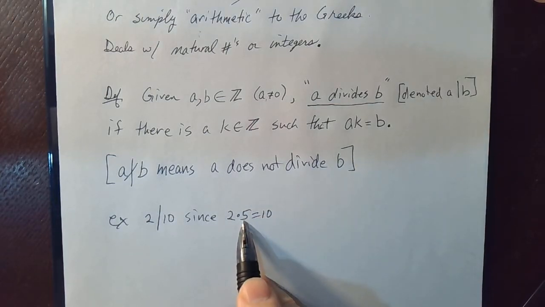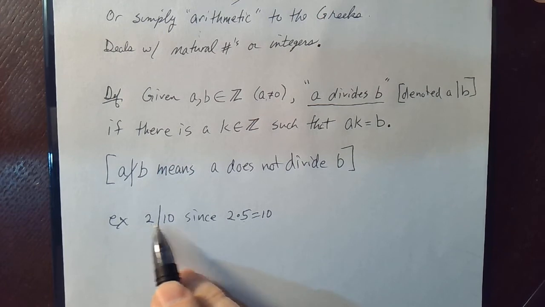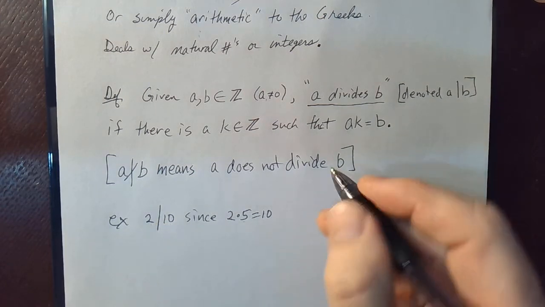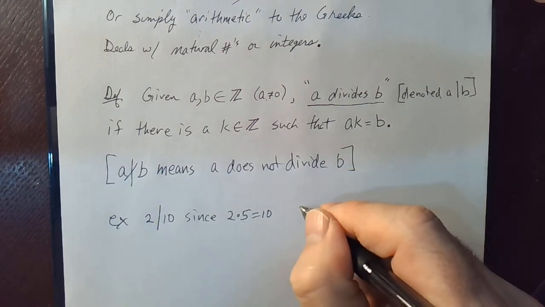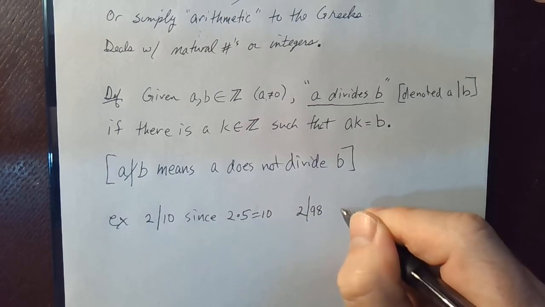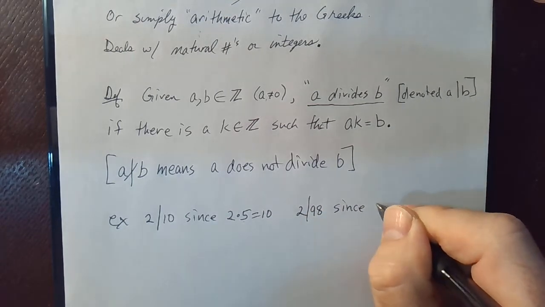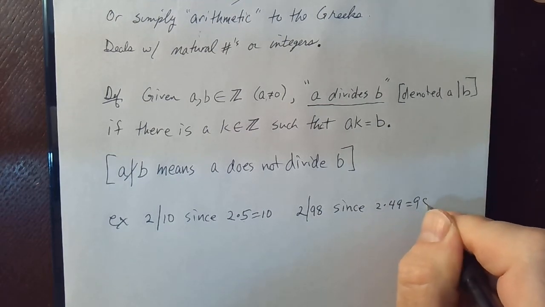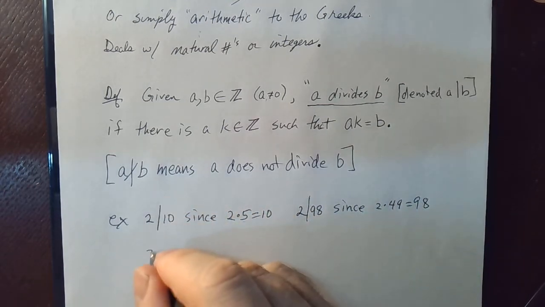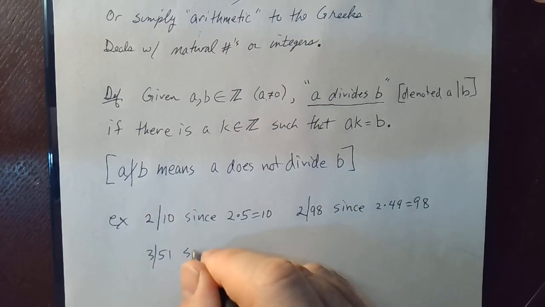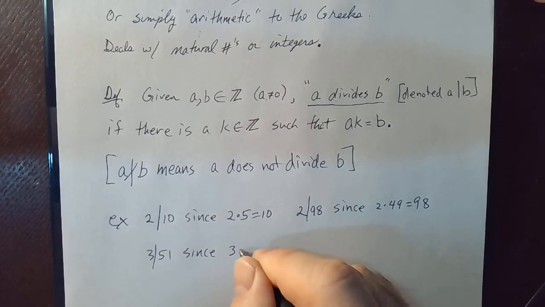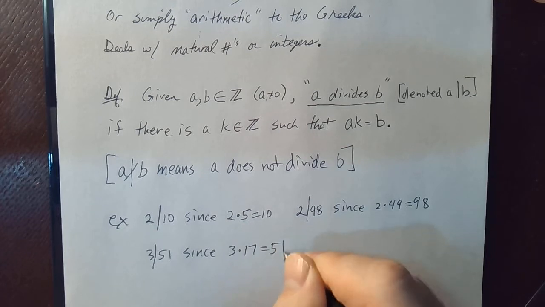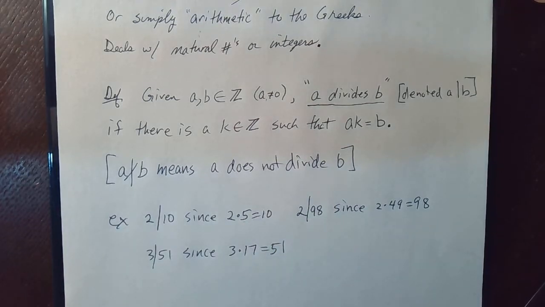I found an integer such that if I multiply it by 2, I get 10. 2 divides 98, since 2 times, what would that be, 49 equals 98. Or maybe 3 divides 51, since 3 times 17 is equal to 51.